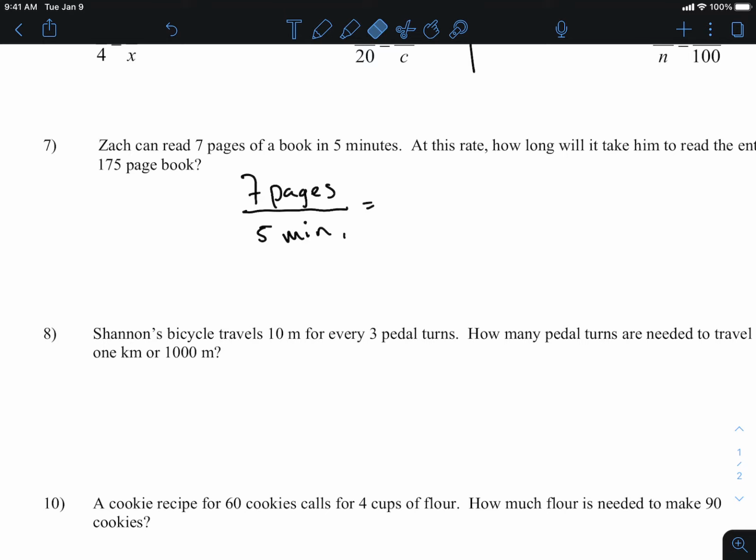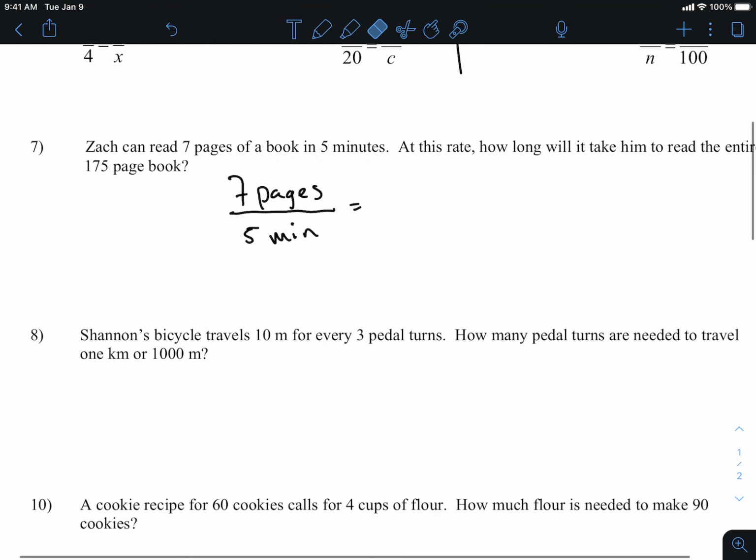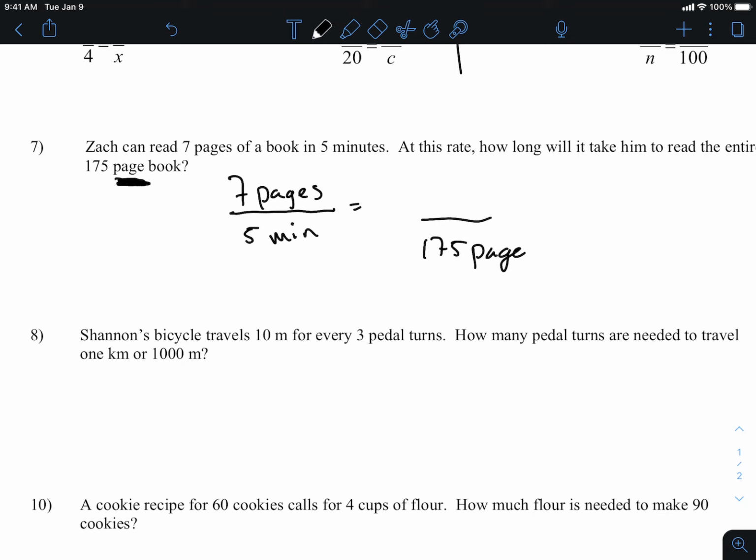Now, on the other side of this equal sign, I'm going to write how long does it take to read an entire 175-page book? What units do you see here? Pages, right? Don't do this, because now this question can be infinitely harder. What did I say yesterday when we were setting up word problems?